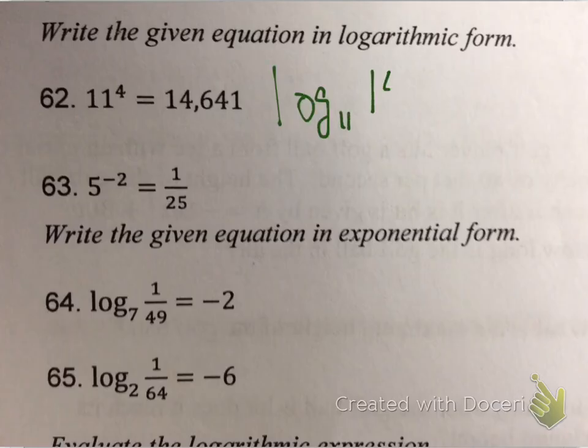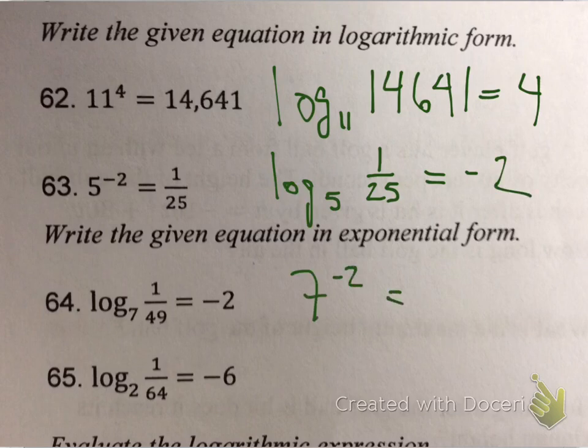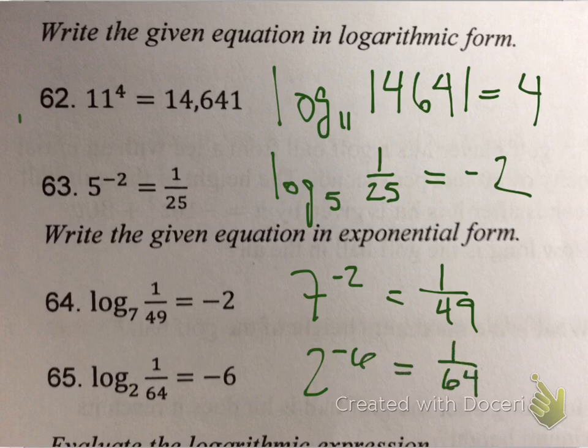Problems 62 through 65, you're just rewriting, so you should remember how to rewrite. Don't forget, it's log base answer equals exponent. Or if it's in log form, the base with the exponent is equal to the answer. When you rewrite it to logs, you've got a base, which is the big number, equal to an exponent, and it's log base answer.